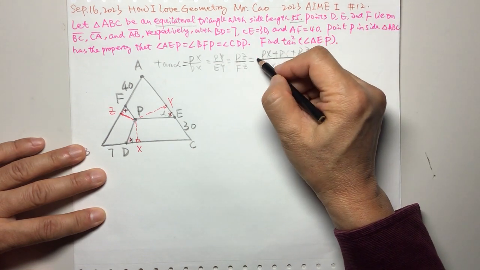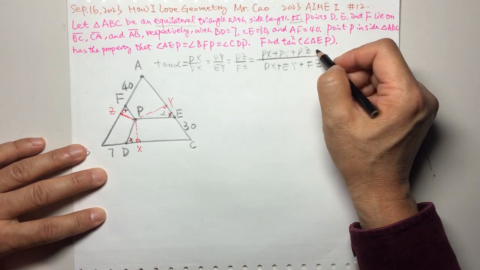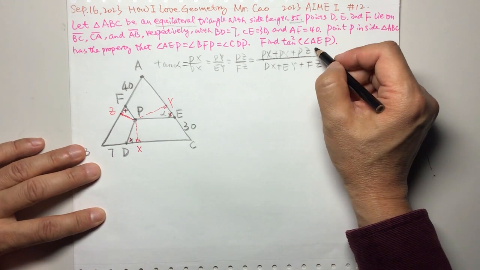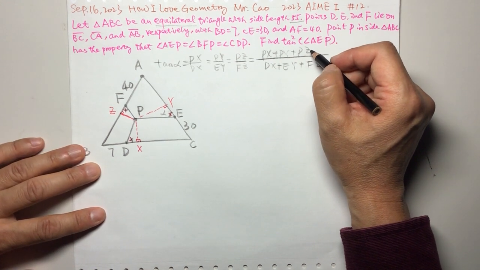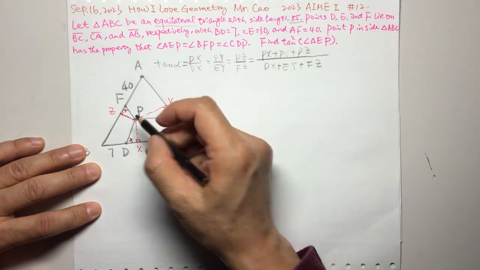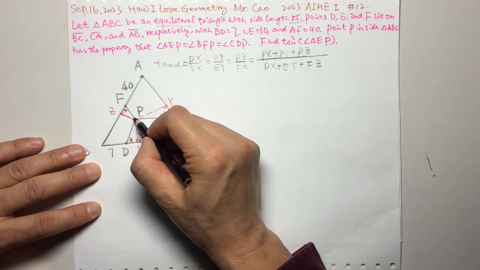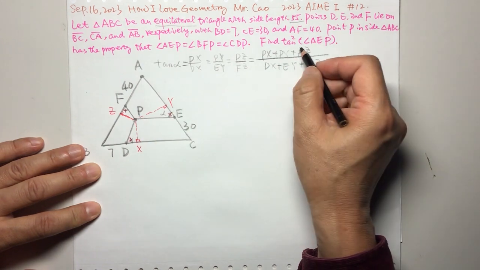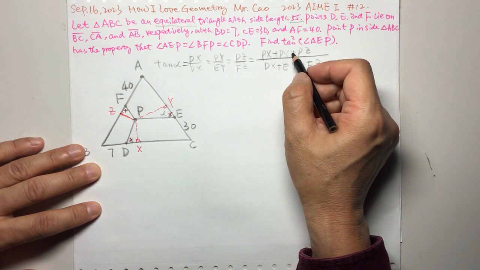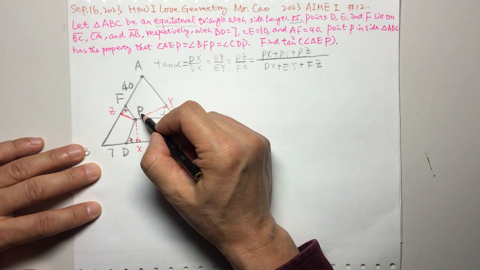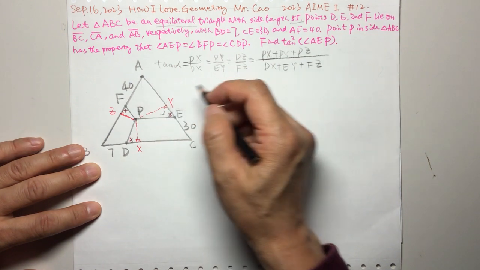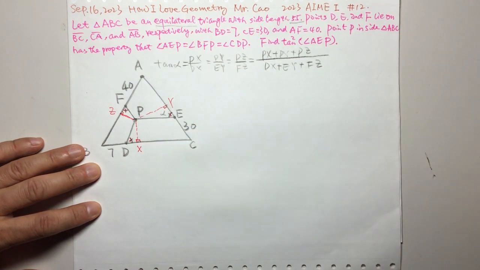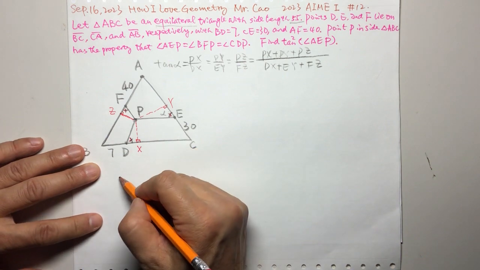And on the numerator, the sum is the distance from point P to the three sides. So it looks like it's a fixed number, right? Yeah, we can try to prove this one.